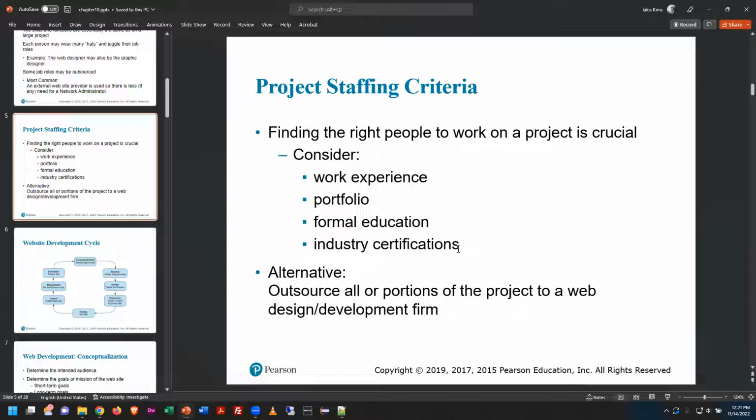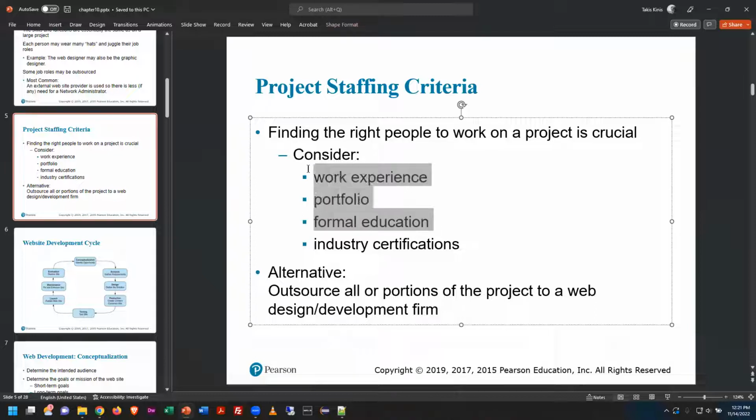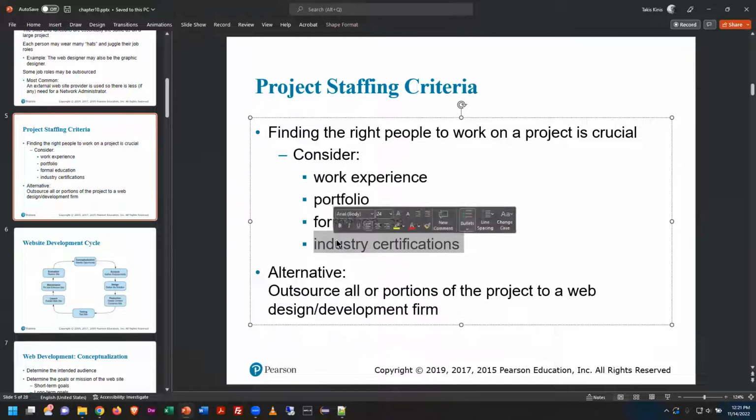Now, in terms of web, it's really important to note that it's the top three that are really critical. In other fields of IT, for example, if you're in hardware, or computer support, or networking, or cloud services, or cybersecurity, all of those fields have certifications that match up with the tasks that you do.